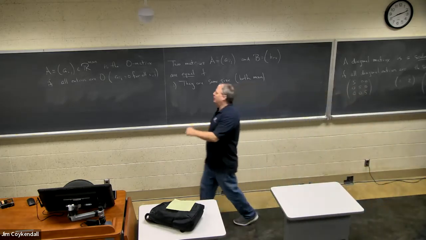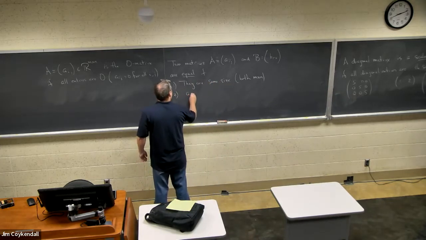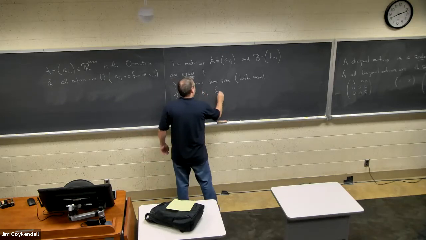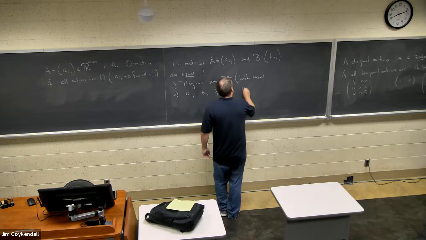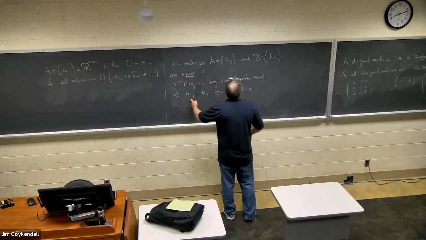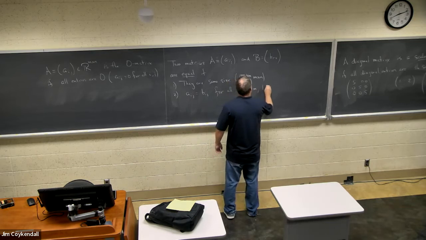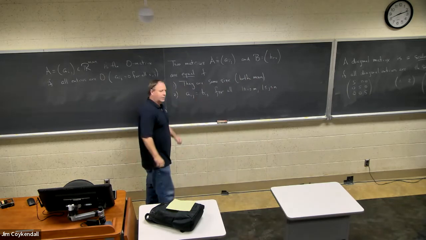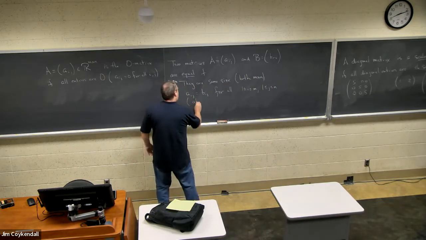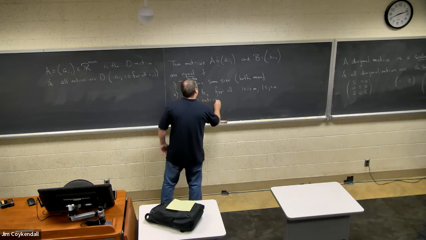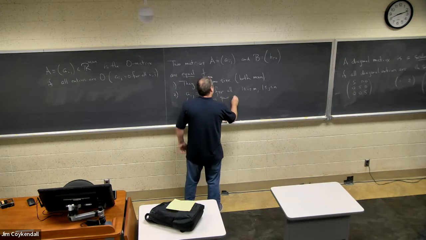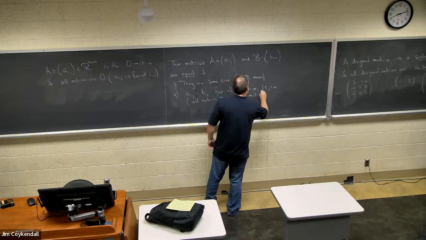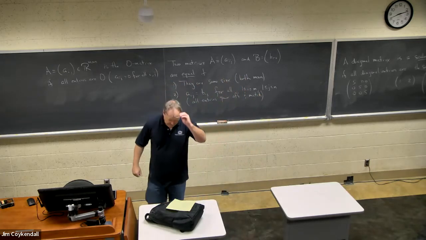Now that you know they're the same size, this is the fancy math way of saying this, but really what this means is all entries match. All. That's it. It's technical.